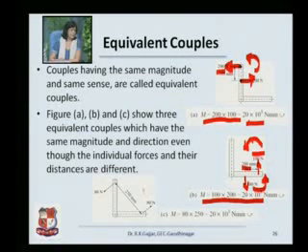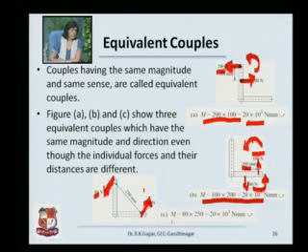Let us look at the third set of the forces. Here they are not horizontal and vertical as in the previous cases, they are at some angle, but still they are parallel and opposite in direction. The magnitude is also the same for each force and therefore this forms a couple.